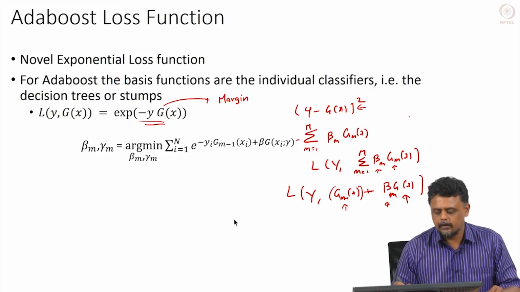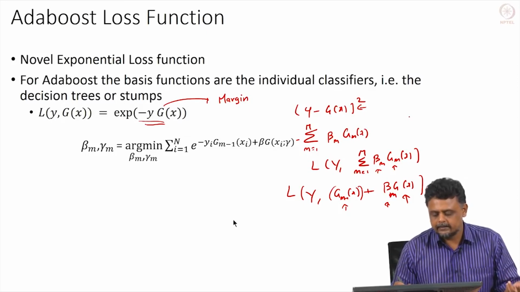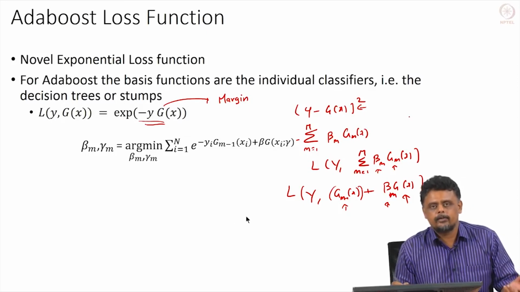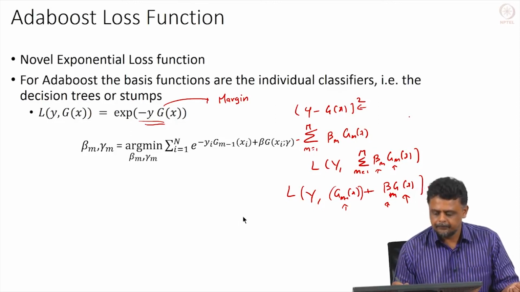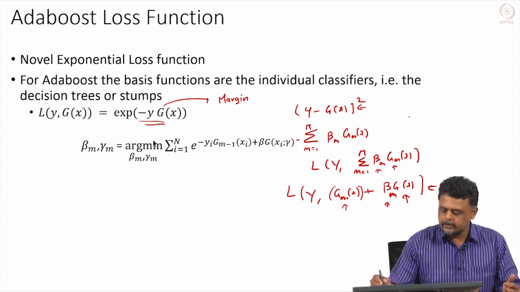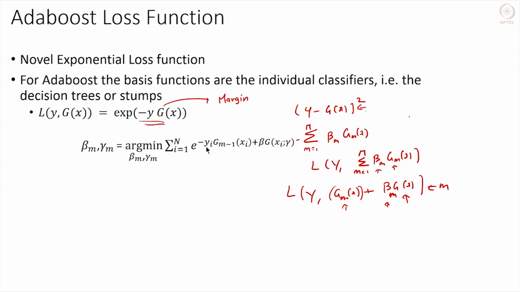For binary classification, g of x is the output of the classifier, and your classes are -1 and 1. So, y times g of x will always be positive when your classifier is right and negative when it is not.